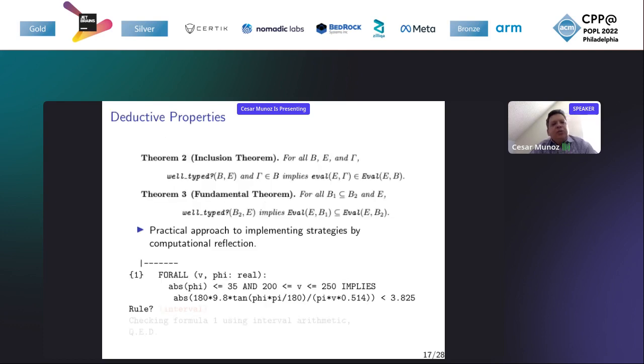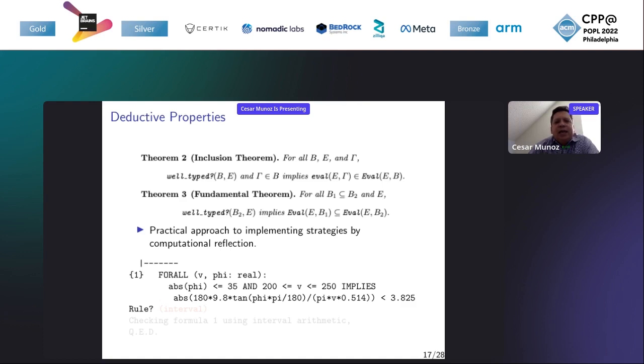And then with these two evaluation functions, we can now define two theorems. One is called the inclusion theorem, which is like the one that I presented before. If the expression is well typed, then the evaluation in real numbers is included in the evaluation in the interval arithmetic setting.